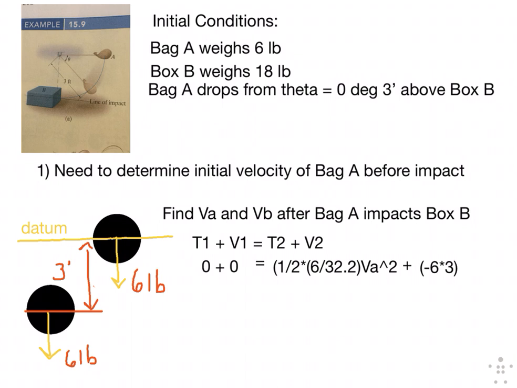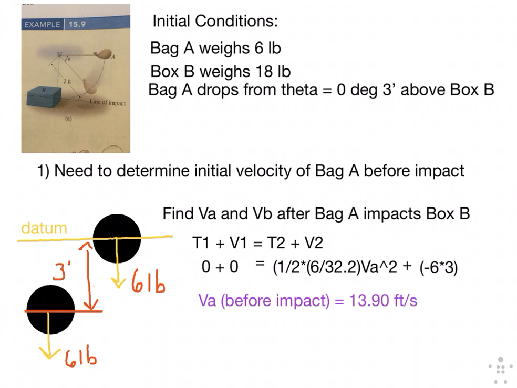Our final potential energy is minus 6 times 3, because now I'm below the datum, so it's minus 6 times the distance between the datum and the final position, which is 3. Solving for VA, we get 13.9 feet per second, and this is going toward B, so it's directed to the left towards B along the line of impact.